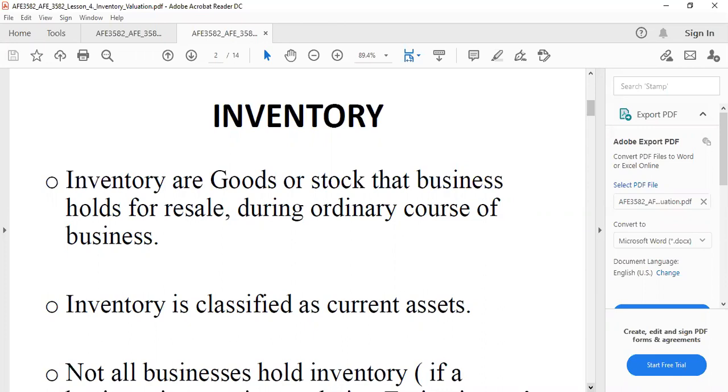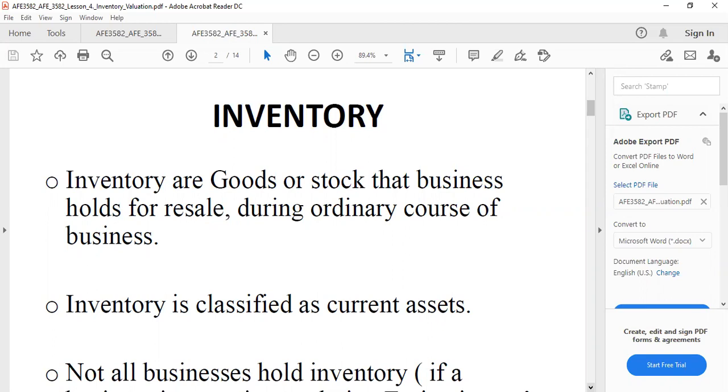Meaning that you can have a huge amount of stock today, but if you do business very well, then tomorrow everything will be gone, if you manage to sell everything that you had today. So what did you do? You converted it into cash, easily. It just takes a day or two or a month to convert your inventory into cash. And that's why it's a current asset.